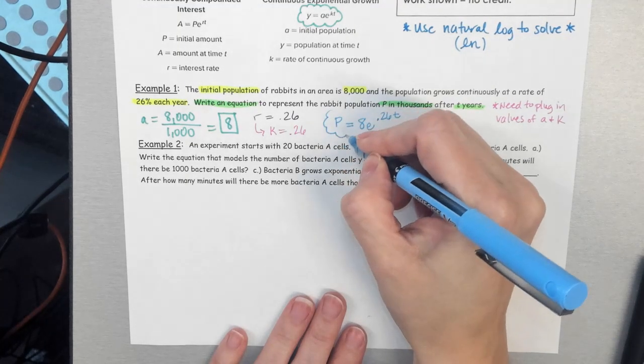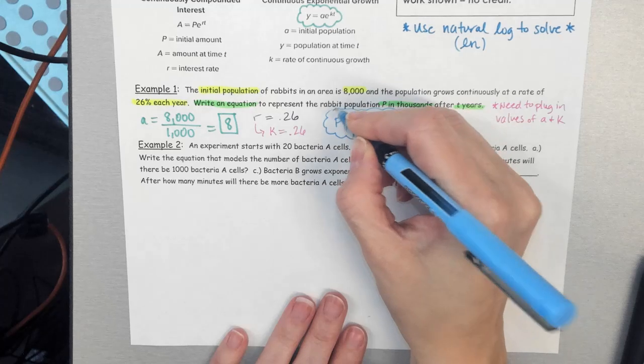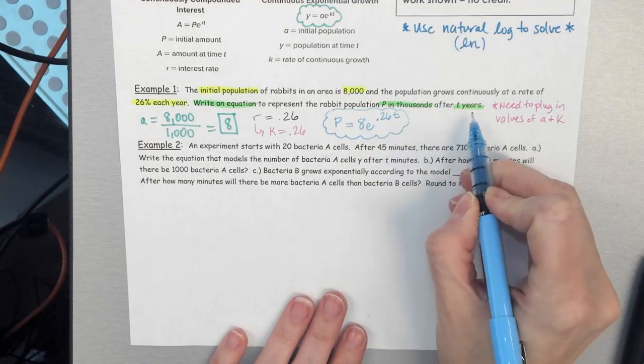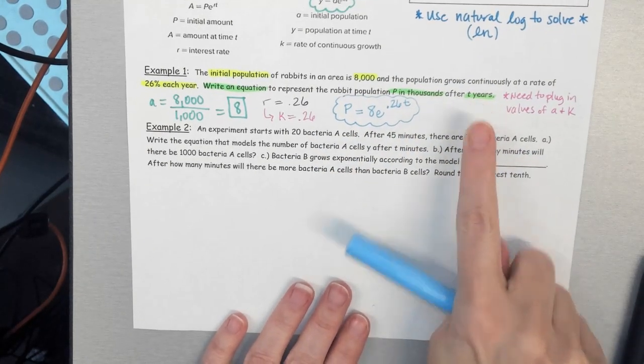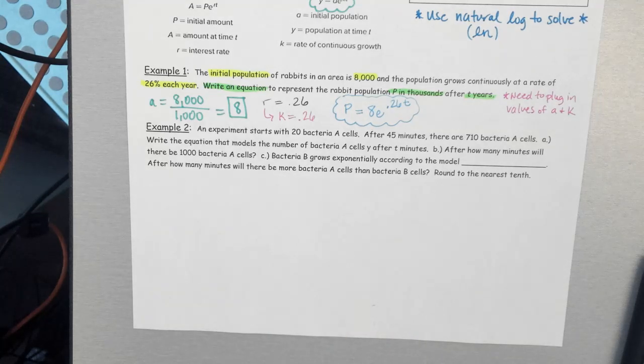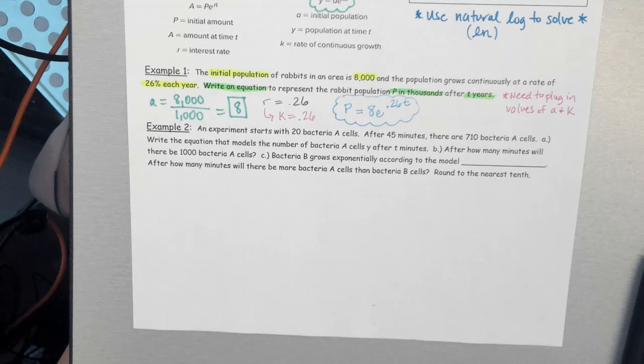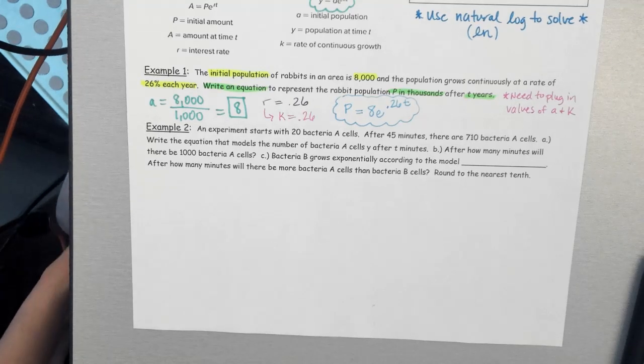Okay, now they already tell you that t is measured in years. Okay, so you don't have to specify that, it's already specified. So your equation is P equals 8e to the power of 0.26t.